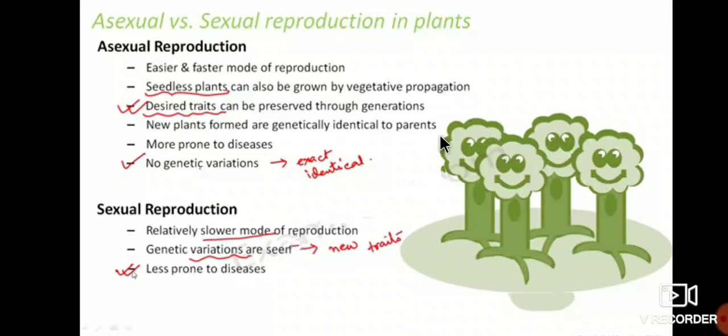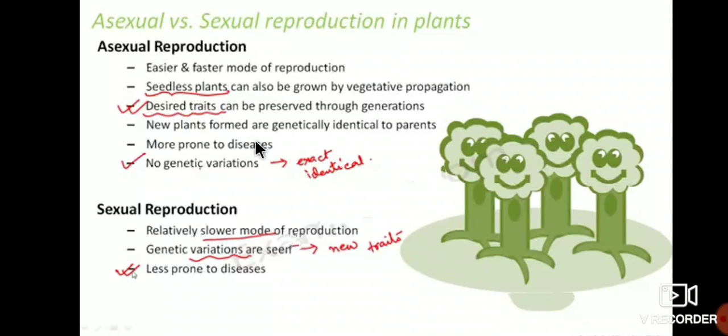The new plant that will be formed resembles the parent's characters. That means if a mango tree is very sweet and tasty, and we get a new plant through asexual reproduction and it grows into a mango tree, the fruits of that mango tree are also very sweet and tasty.